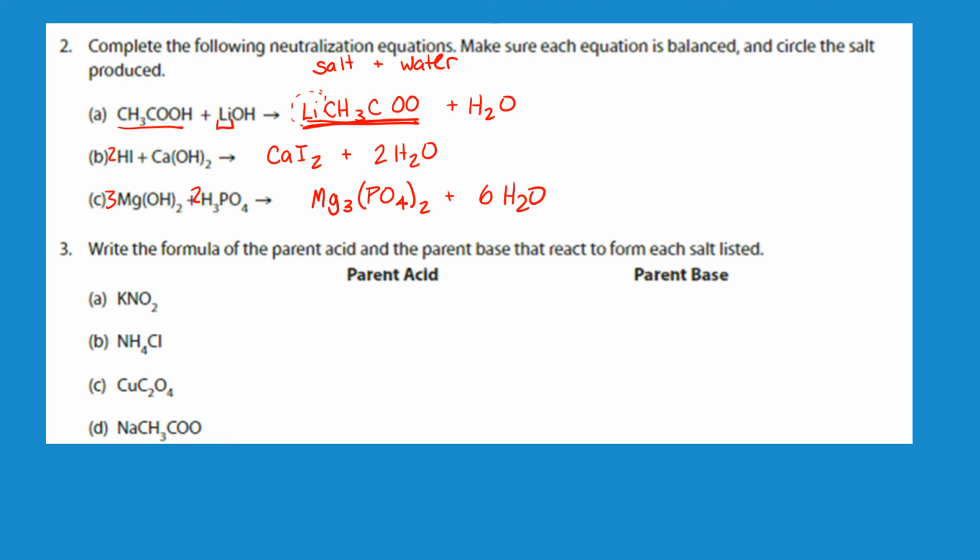So we're going to put the cation, the K, with the OH, and there's my parent base. For the next, I'm going to use this CH3COO. There's the anion, and it goes with one of the H's from the water. So this is going to give me HNO2. There's my parent acid. I'm going to do the same thing here. The Cl is going to get HCl.